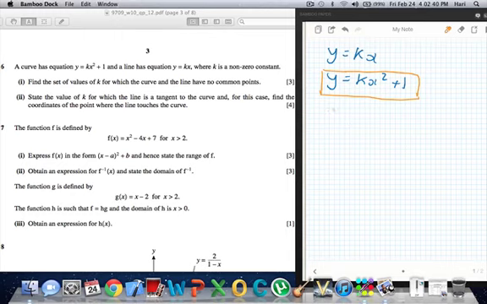So, when a line is tangent to a curve, that means it meets at only one point.